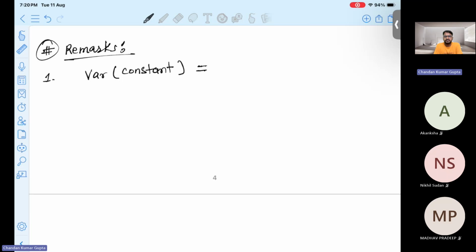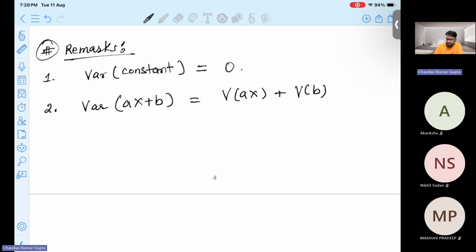But in the case of variance, the variance of a constant is zero. And for the linearity property, the variance of ax plus b is the variance of ax plus the variance of b, and since the variance of b is zero, the scalar comes out squared, as it's a square form.